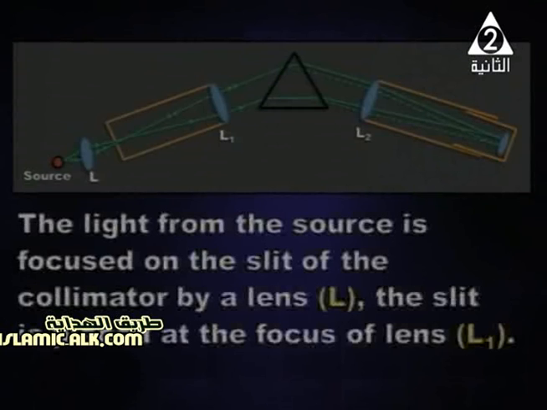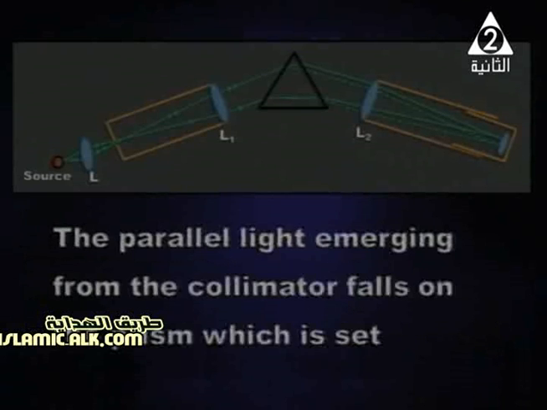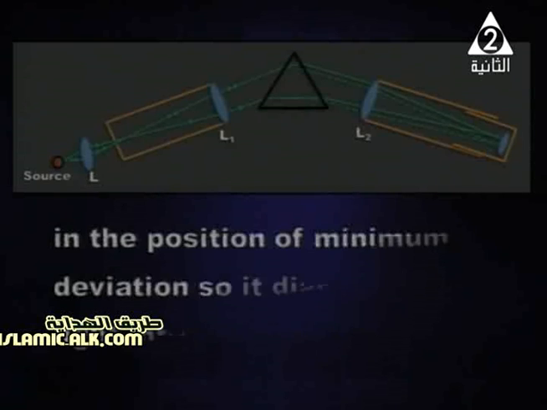Okay, so once again we'll take it step by step. Light from the source is focused on the slit of the collimator by a lens denoted by capital L. The slit is situated at the focus of the lens L1. The parallel light rays emerging from the collimator fall on the prism, which is set in position of minimum deviation.